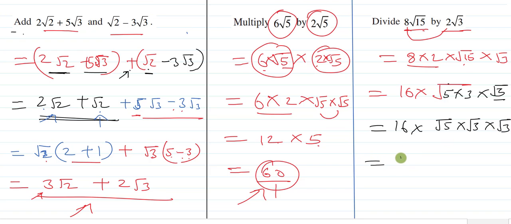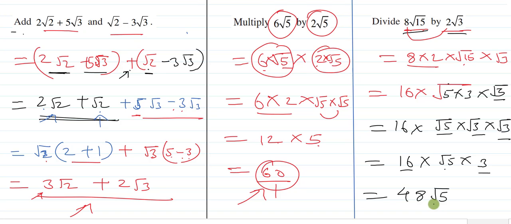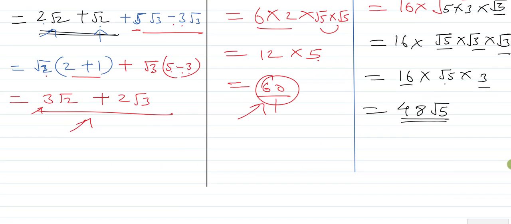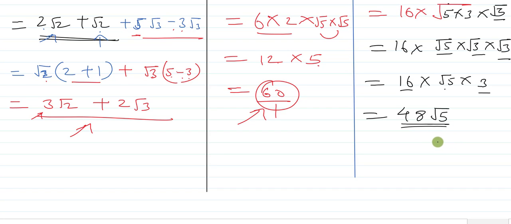So here you can observe 16 into root 5, root 3 into root 3 will be 3, again 16 into 3 will be 48 root 5. So in this case, the division of these two irrational numbers came as an irrational number. Got this? 48 into root 5 will be an irrational number.